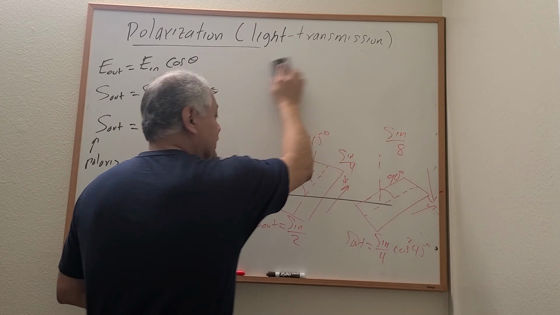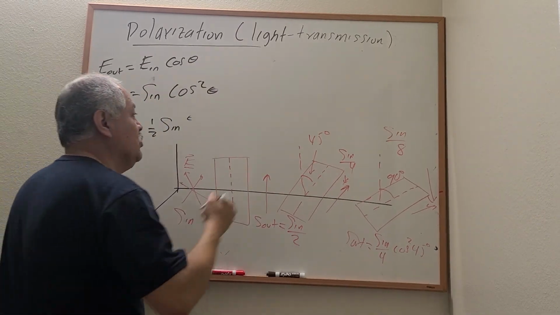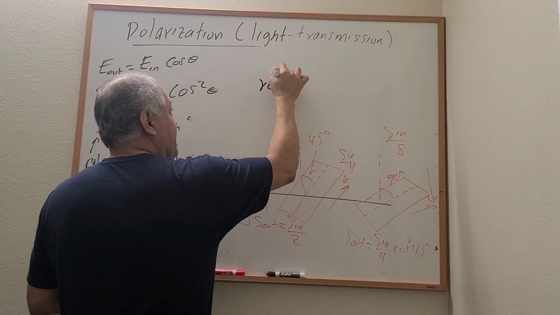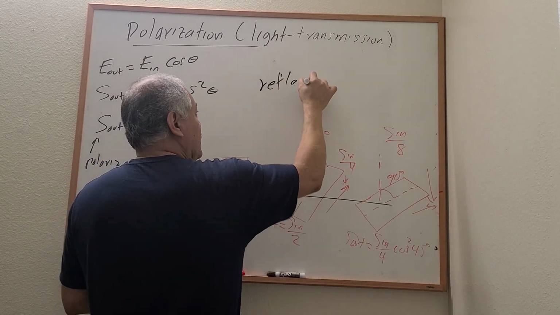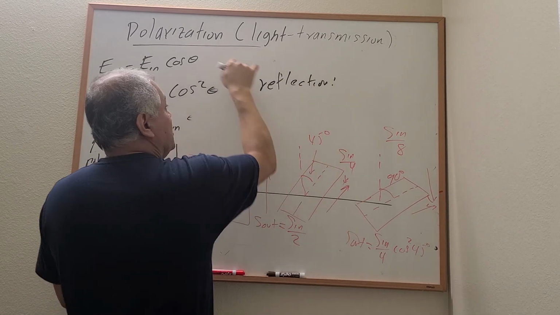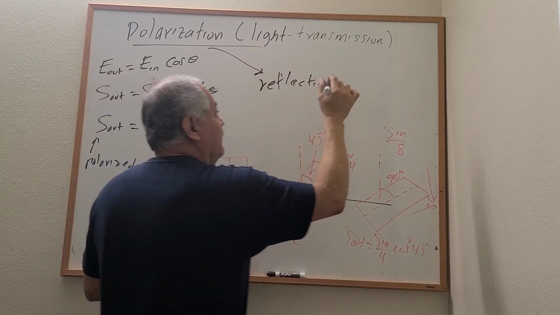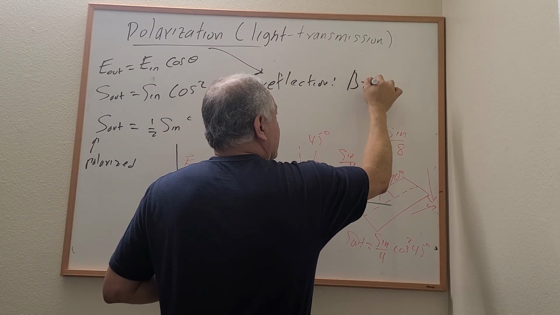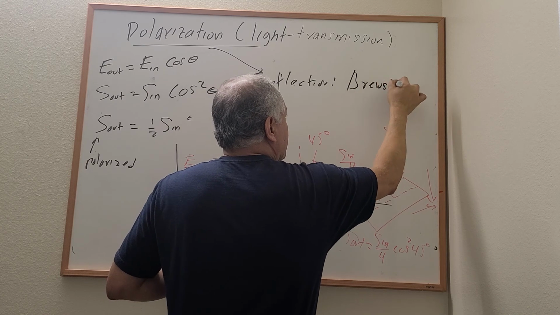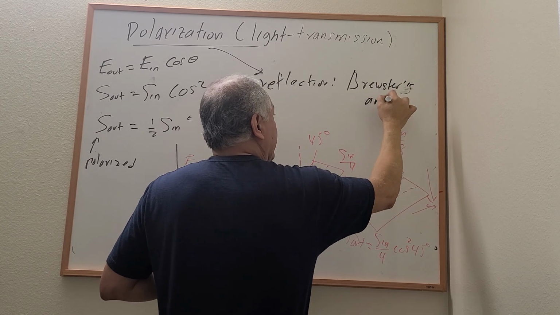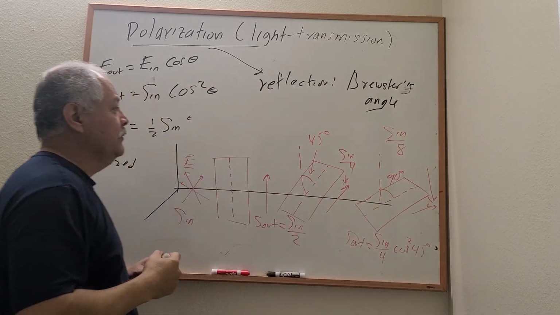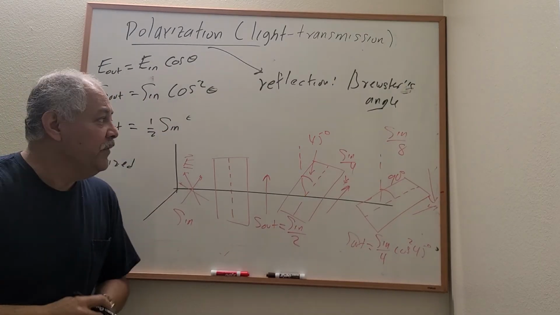For us, later we're supposed to use it for reflection. If you want to check it later, if you want to learn more about polarization by reflection, pay attention, it's going to be the Brewster angle. Brewster's angle. Okay, and with this we finish this chapter.